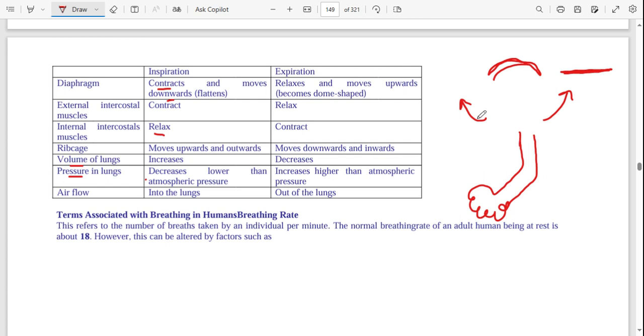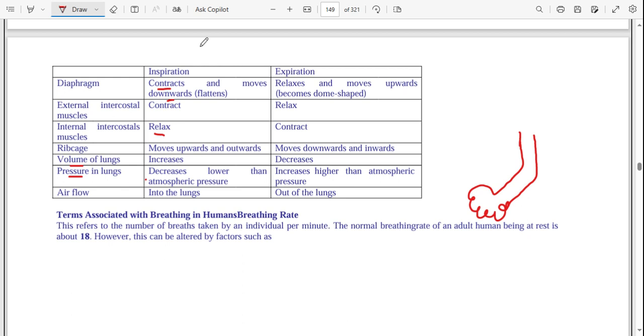The only way air can move from the atmosphere to the lungs is this: air will flow from a region of high concentration to a region of low concentration. So when the pressure of air is high in the atmosphere and low in the lungs, air will start to move like this. So when you breathe in, it has moved like that.